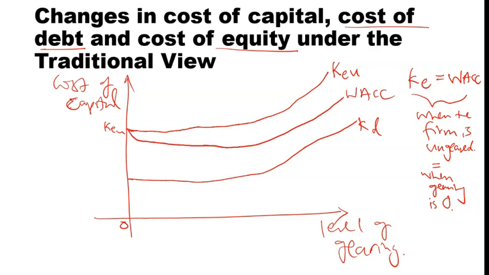But when gearing is 0, KEU, the cost of equity ungeared, is equal to WACC, because we had no financial risk. We were not geared, so our WACC was equal to the cost of equity. Please get these theories right because they are always going to be resident in your exam.